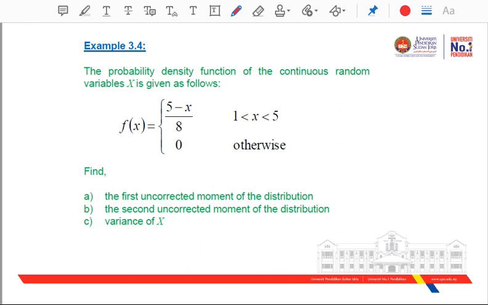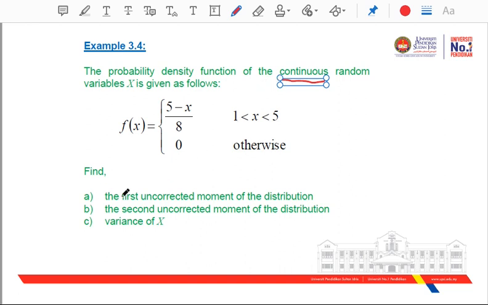Okay, so let's look at example 3.4. Example 3.4 is on the probability density function of a continuous random variable. Again, take note it is continuous. When continuous, you need to use integration.